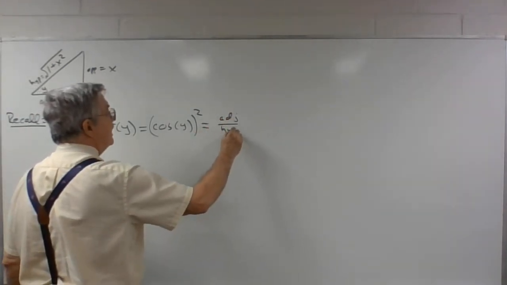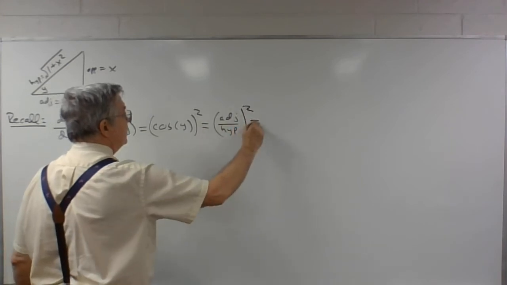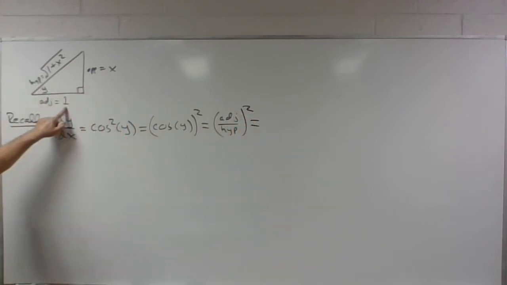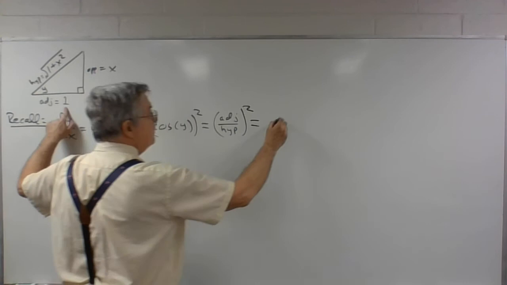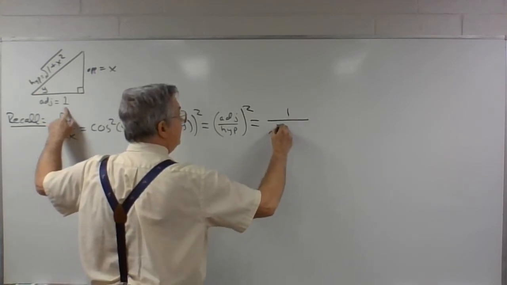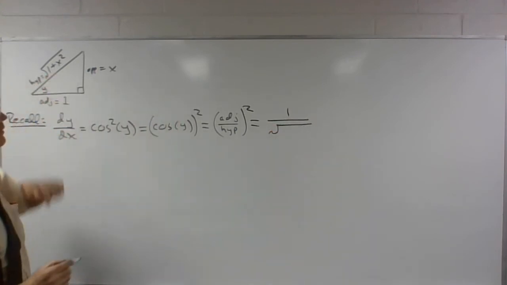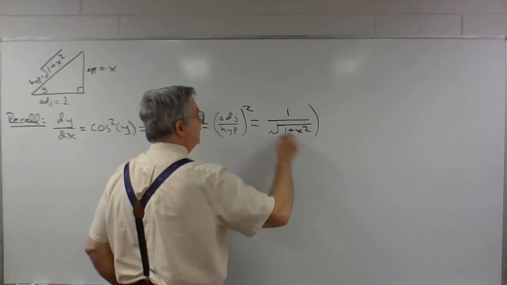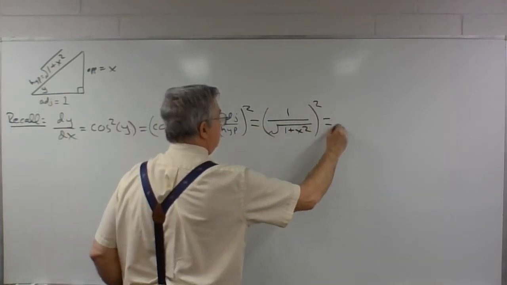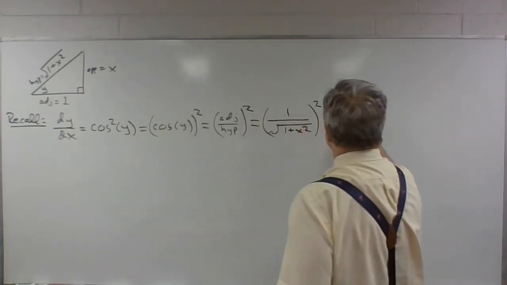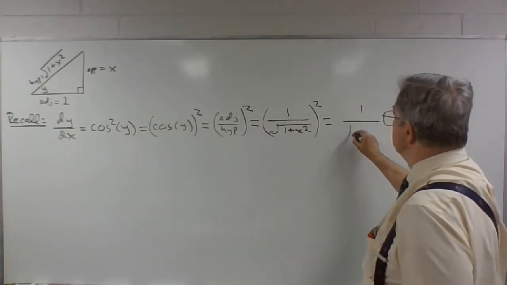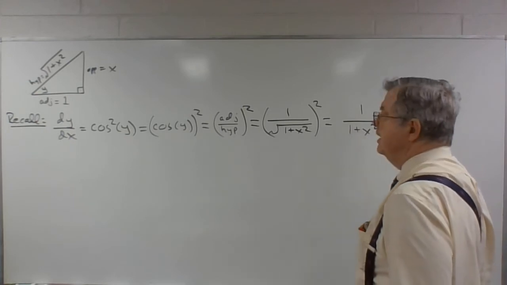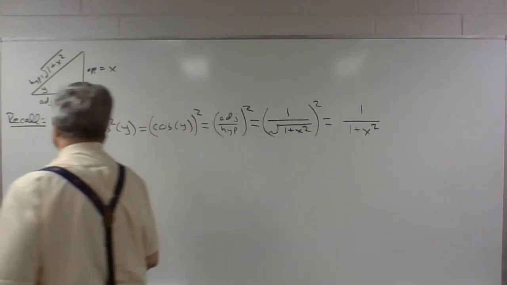Adjacent over hypotenuse. Adjacent is 1. Hypotenuse, square root of 1 plus x squared. We square the numerator, square the denominator, and bingo, we have it.